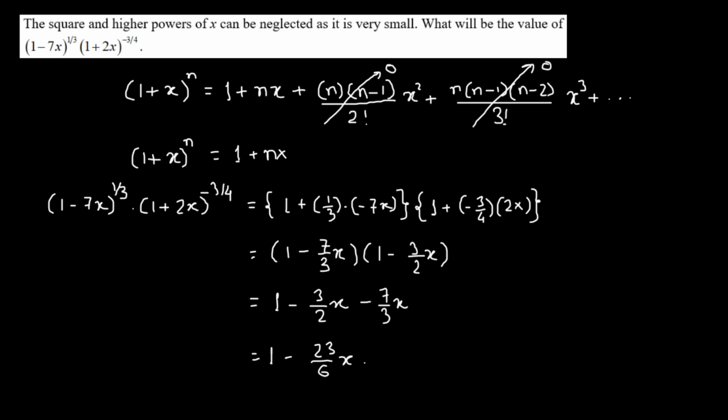Let's go to the next question. So here we have to find the value of the given expression by neglecting the square and the higher powers of x. So first we have to simplify.